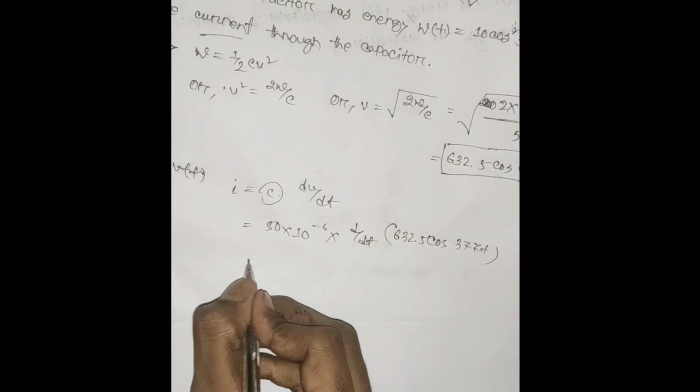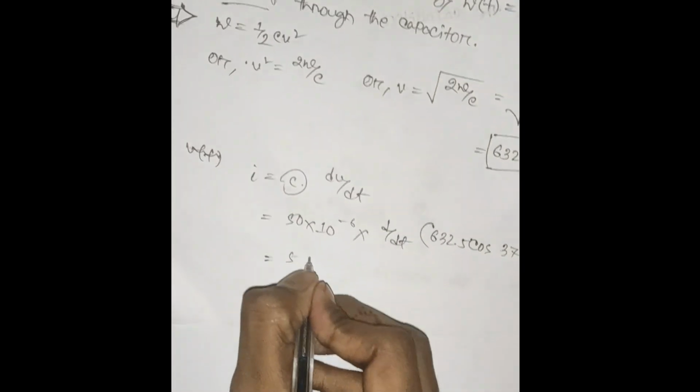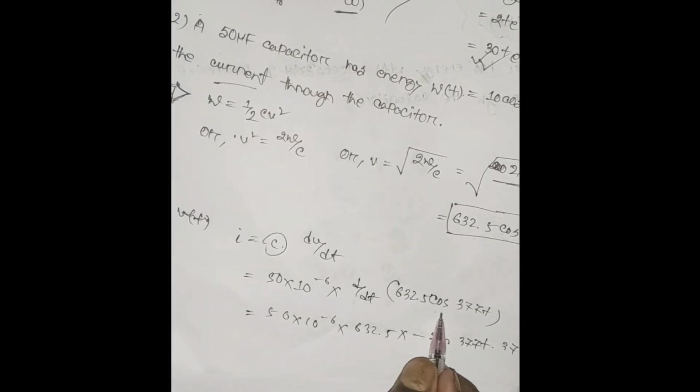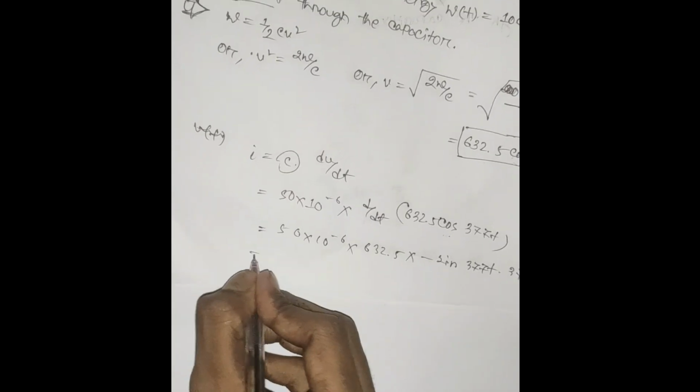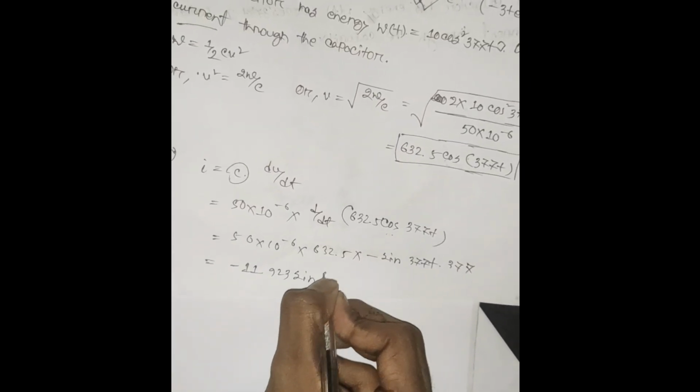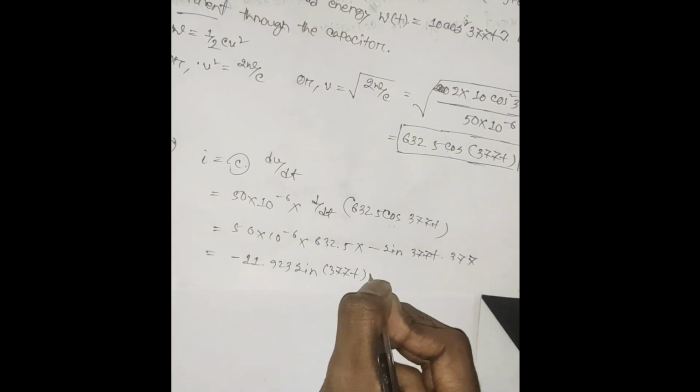Let's differentiate. So it will be 50 into 10 to the power minus 6 into 632.5 into minus sin 377t into 377. The differentiation of cos x equals minus sin x. Let's calculate this all together. So it will be minus 11.923 sin 377t amperes.